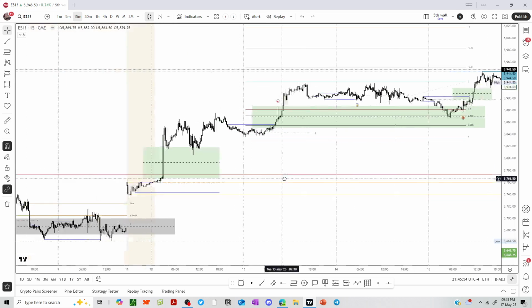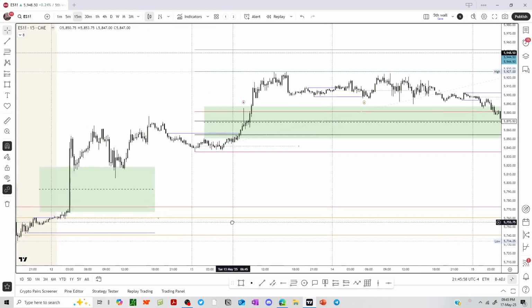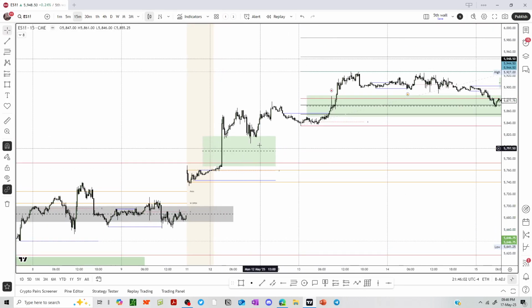Anyway, what I'm focusing on is our market maker buy and sell models. And some of the market maker buy and sell models, even though we're looking at a 15-minute chart, like this is also a completion of a market maker sell model here, but it's not for the 15-minute, right? So here you have order pairing and retracement into an inefficiency.